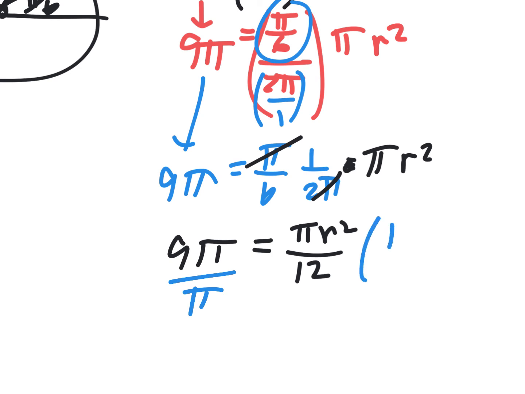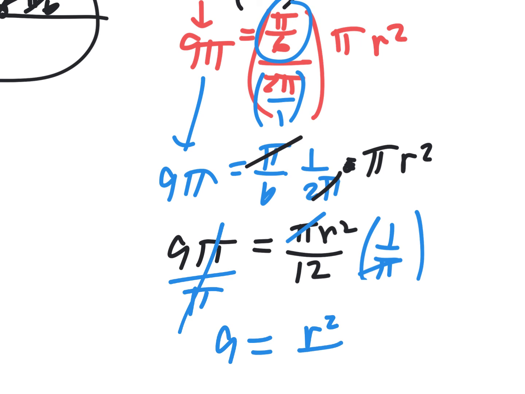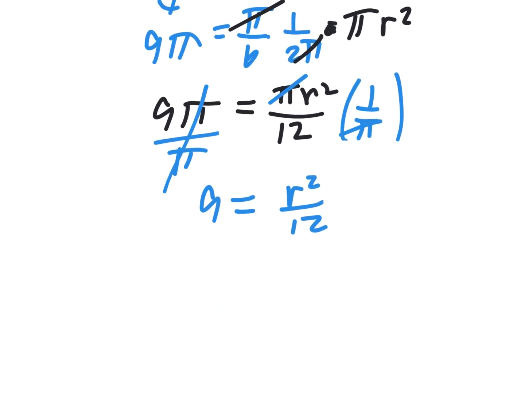Dividing by pi is like multiplying by 1 over pi. Cancels, cancels, cancels. 9 equals r squared over 12. Times by 12. That's not that hard. I can do this. 108 equals r squared. What's r? Square root of 108.